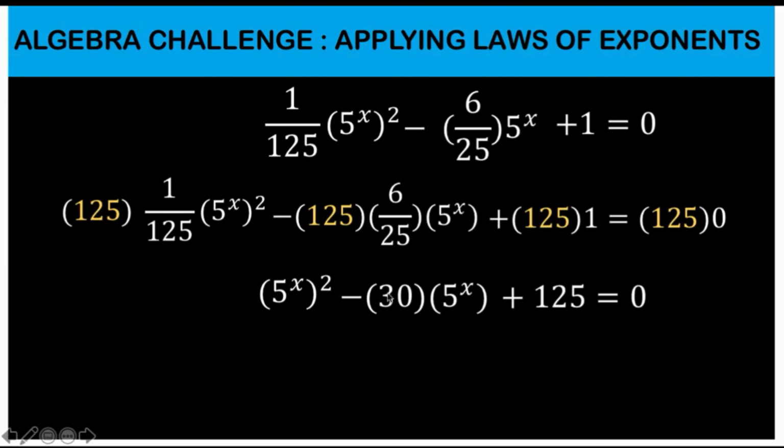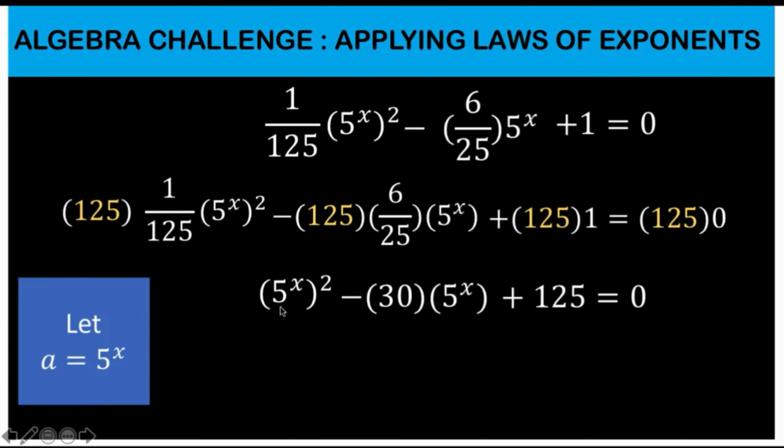So one technique to easily understand this is to use a dummy variable to represent this 5 raised to x. So let's do some substitution. So let our dummy variable a be equal to 5 raised to x. We call this a dummy variable because you can use any variable. You can use b, c, d, or any other letters except this x, because we already use x as the variable of 5 raised to x.